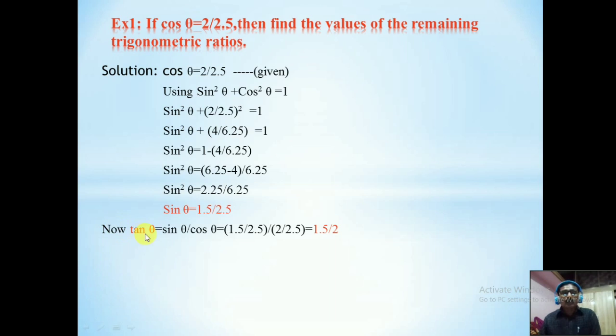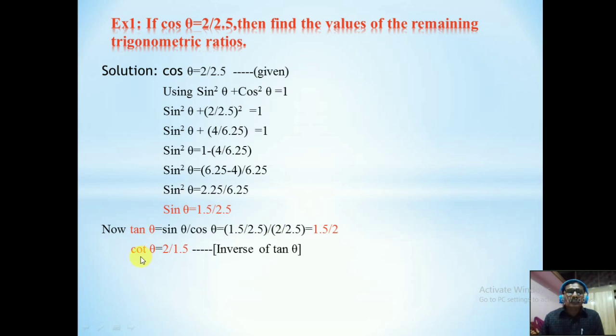Now, we know tan theta is equal to sin theta upon cos theta, which is equal to 1.5 upon 2.5 divided by 2 upon 2.5. We get 1.5 upon 2.